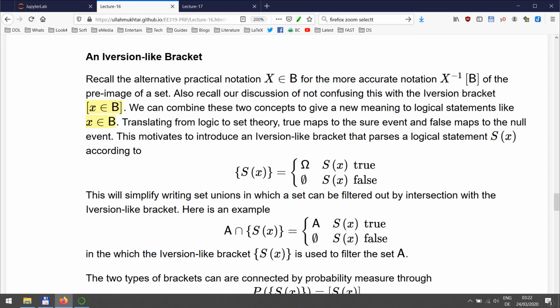So you have a proposition inside a square bracket, and when the proposition is true, the square bracket will turn it into a 1, and if it is false, the square bracket will turn it into a 0.